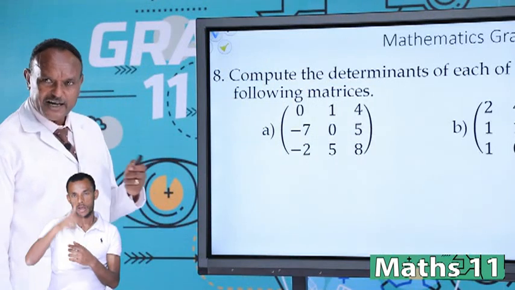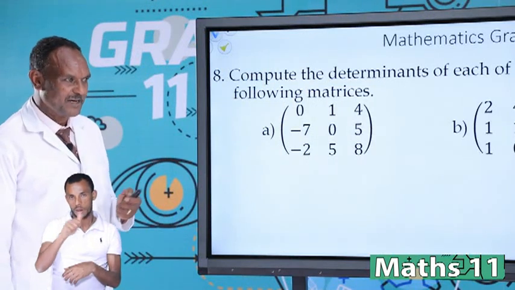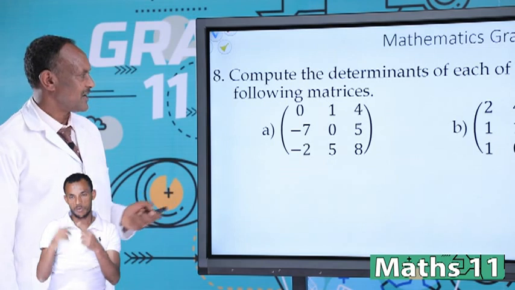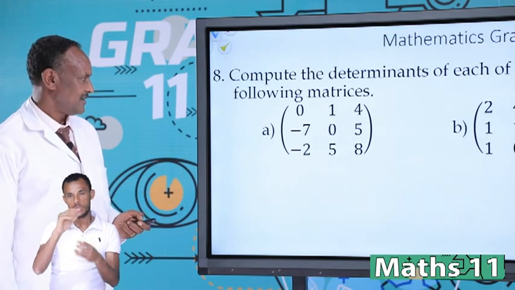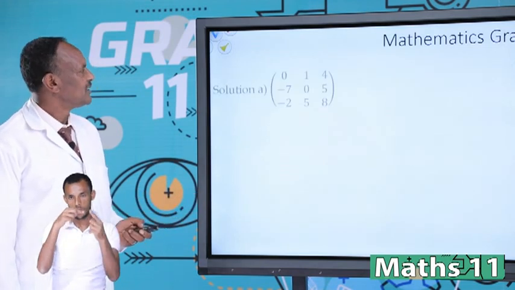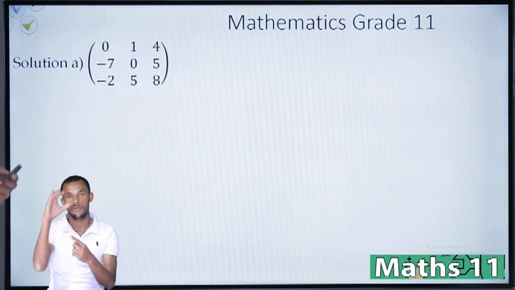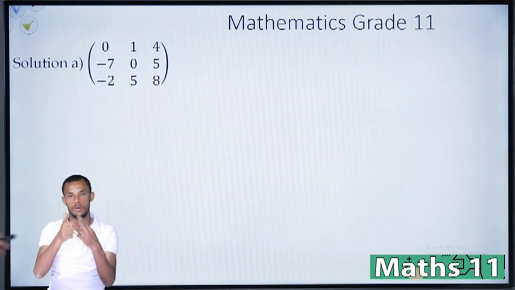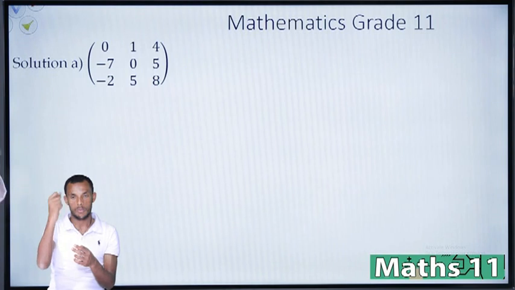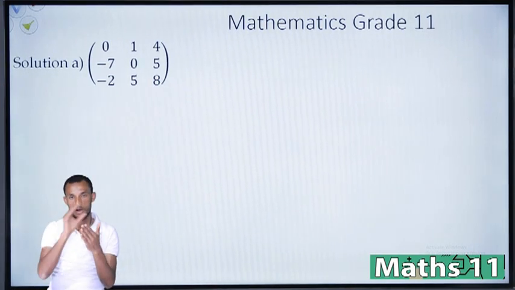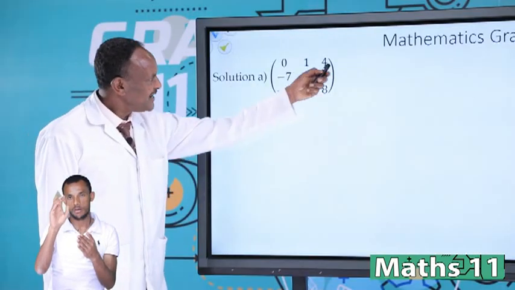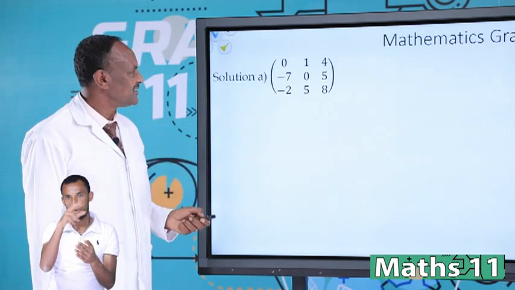Any row or any column can be used as expansion to find the determinant of the given matrix.